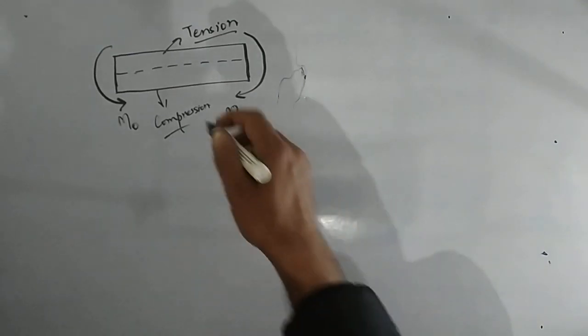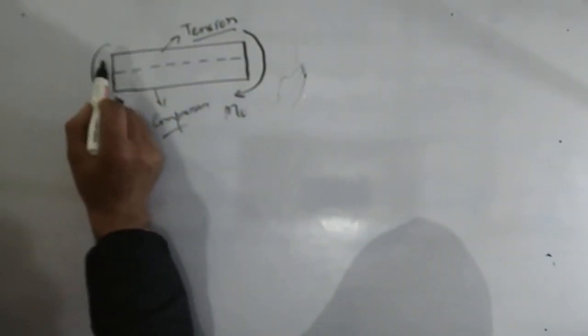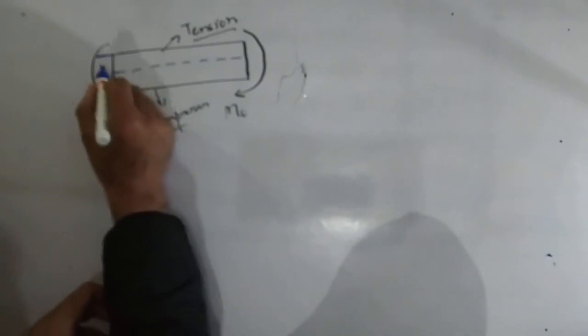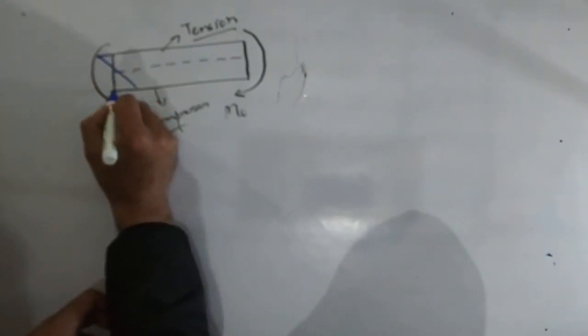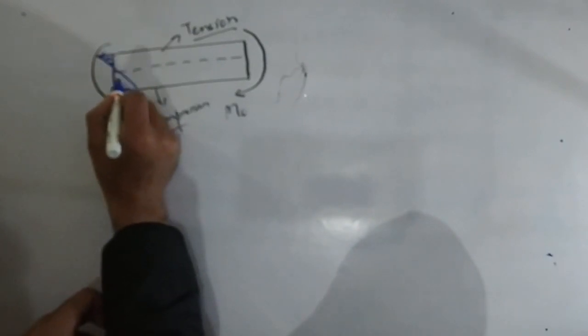If I draw the bending stress diagram due to this moment, this side will be in tension due to the hogging moment, and this will be in compression.